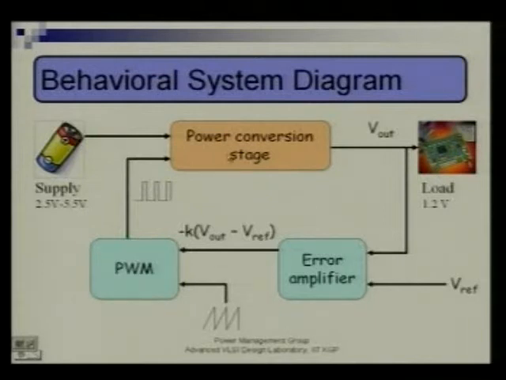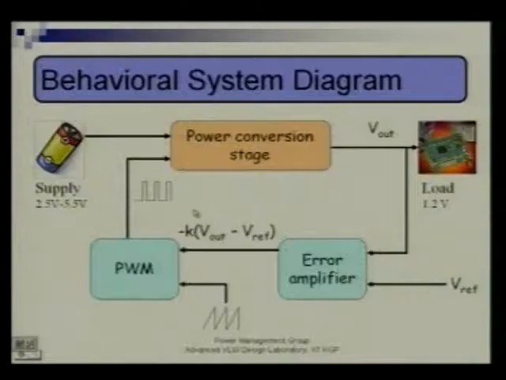We have this power conversion stage which will actually give us a variable V output by averaging out, or volt second balance, whatever you say, by averaging out this switching signal, and this entire control circuit which will take this feedback action and vary this switching signal duty cycle. So behaviorally our controller is complete.